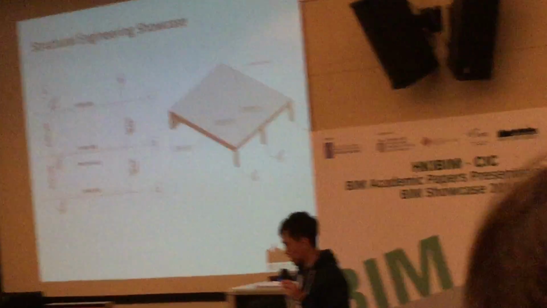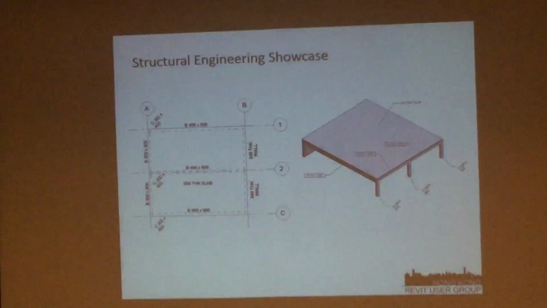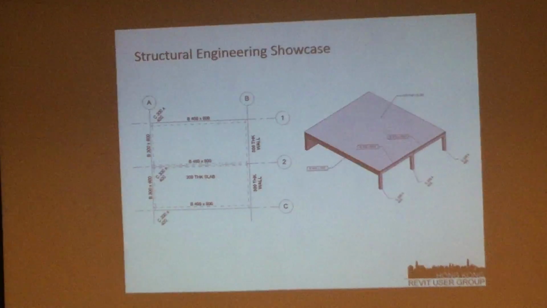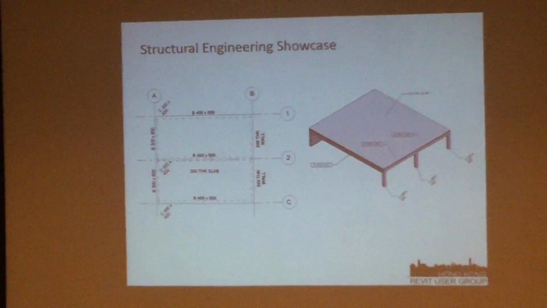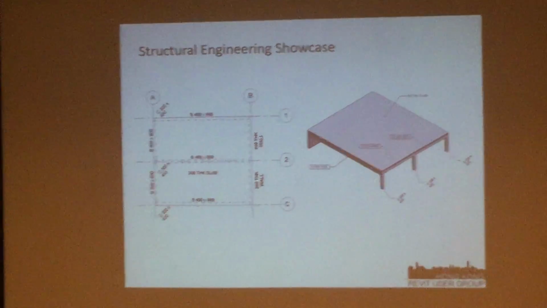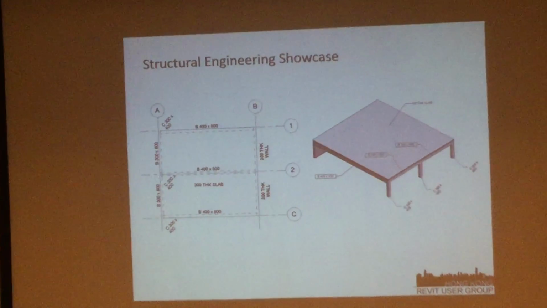And because I'm a structural engineer, I may as well showcase some of the structural work that I do. So here you've got a simple structure, a slab, some beams and a column and a wall here, with the sizes here.